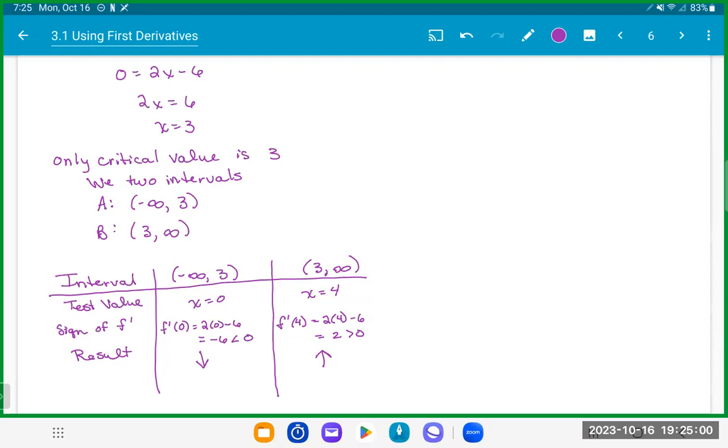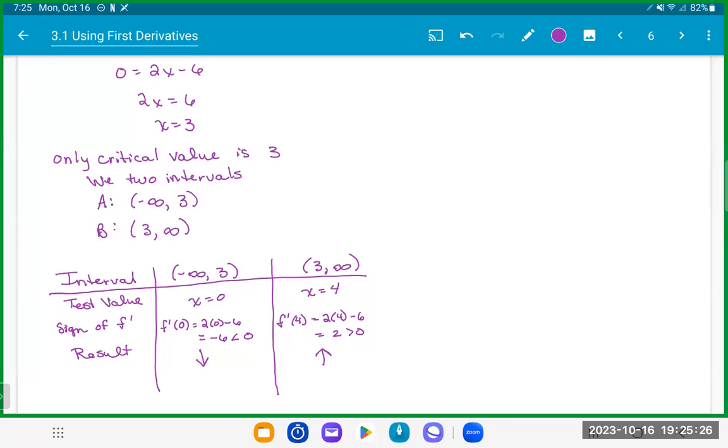Therefore, my graph is increasing. Okay. So my function is decreasing on the interval negative infinity to 3, and it's increasing on the interval 3 to infinity. Okay. The change from decreasing to increasing indicates a relative minimum occurs at x equal to 3.